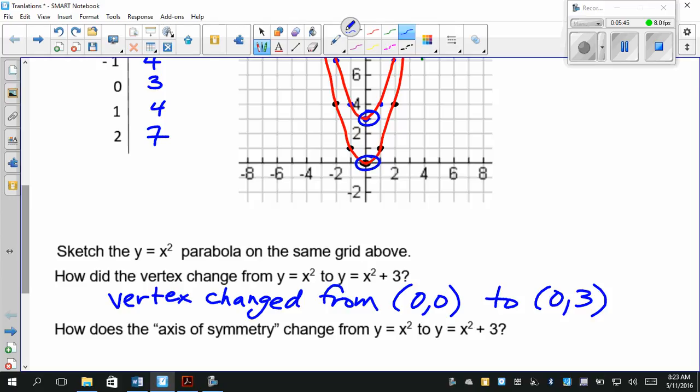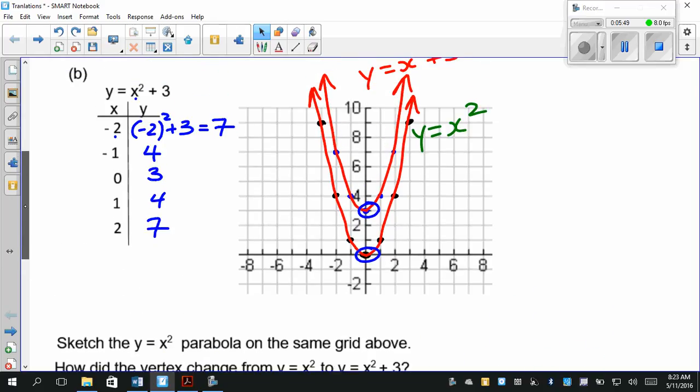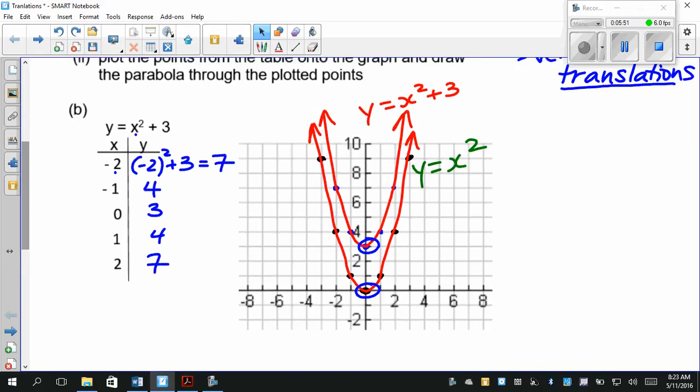So remember, for axis of symmetry, we're talking about the line that comes right down through the middle of the parabola, through the vertex. And when we look at that axis of symmetry, it's the same axis of symmetry for both parabolas.